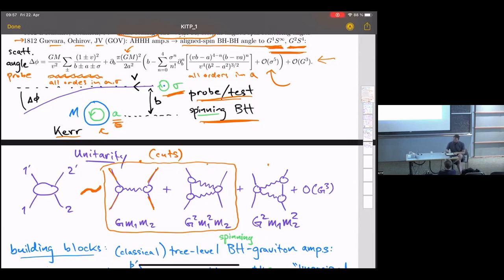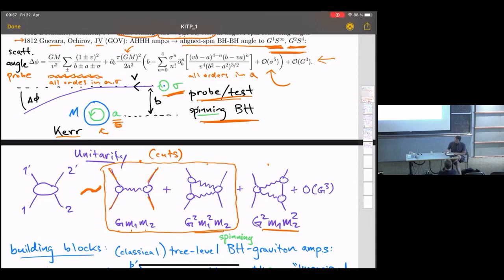So apart from, every term has this factor of g times the two masses, these two terms at one loop or g squared order, here and here, have an extra power of one of the masses, okay?